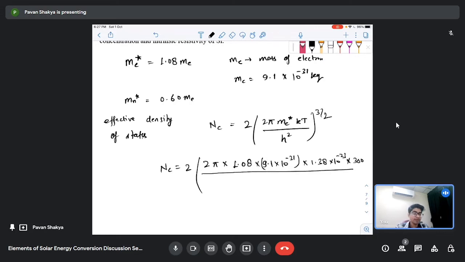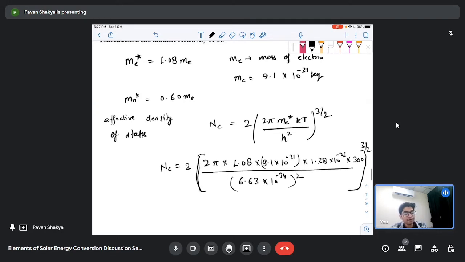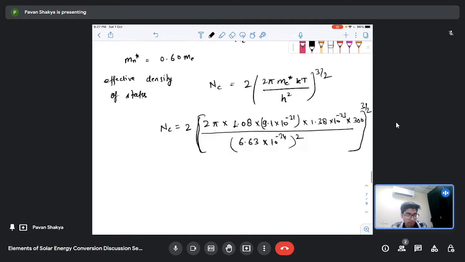It has been taken as the room temperature, and the h value is 6.63 × 10^-34, the whole squared), and the whole term is powered by 3 by 2. Okay, so when you solve, you will find that this Nc value comes out to be 2.81 × 10^25 per meter cube.